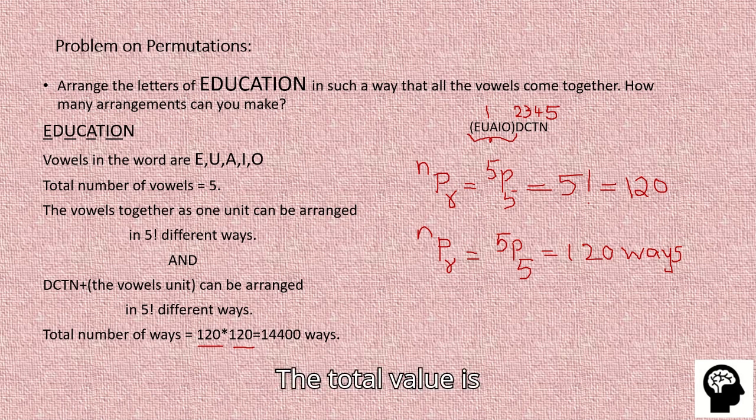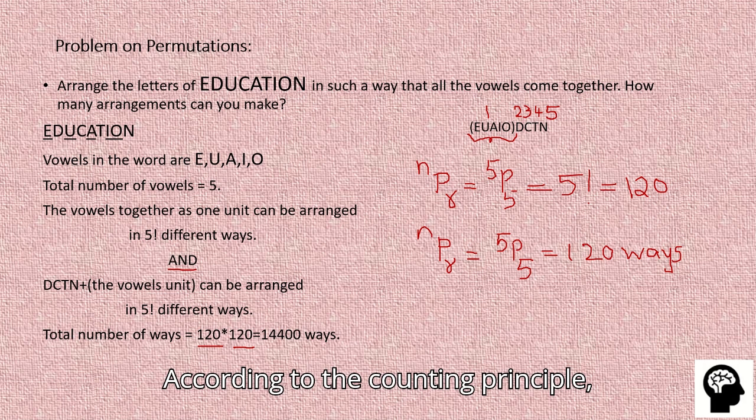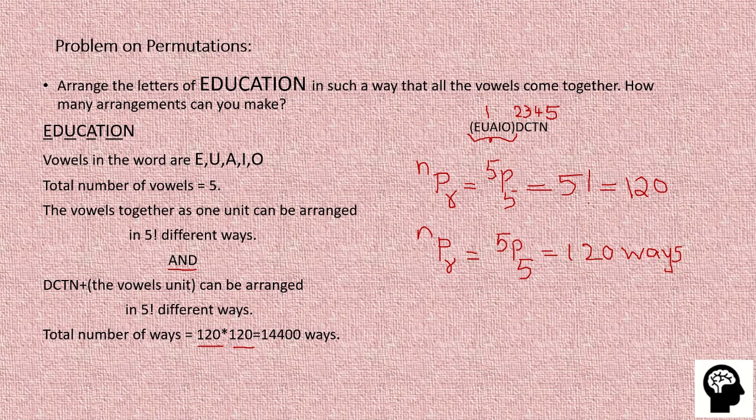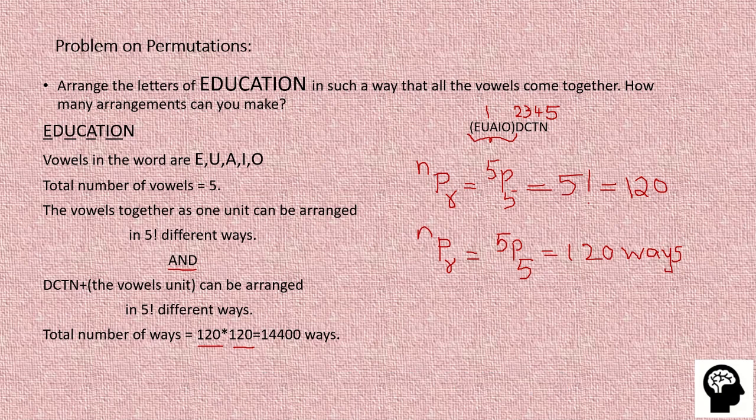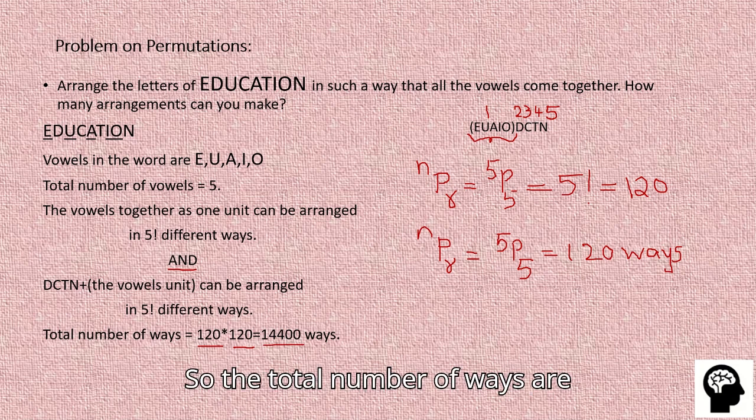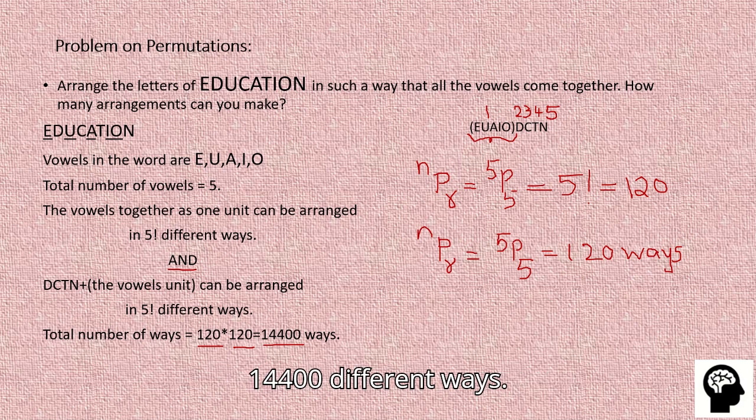The total value is 14,400 different ways. We are multiplying because it is and not or. According to the counting principle, if it is and, you have to multiply. So, the total number of ways are 14,400 different ways.